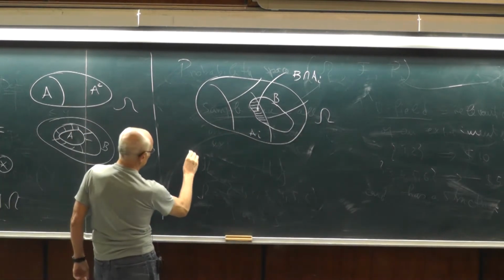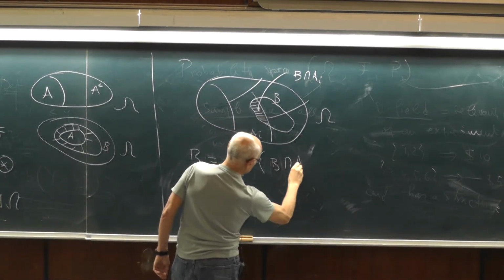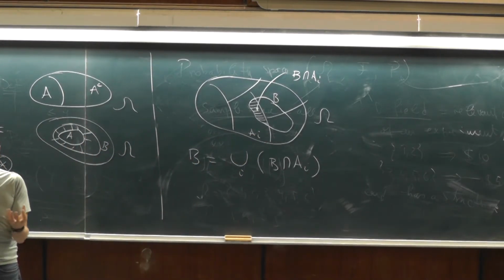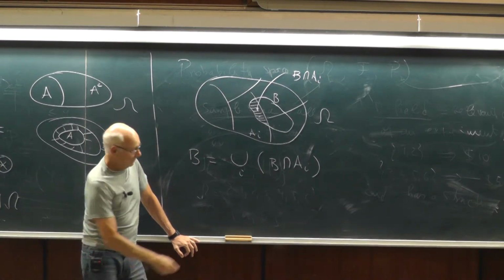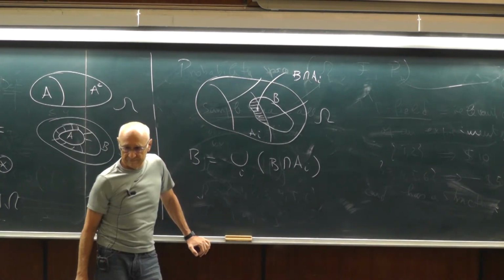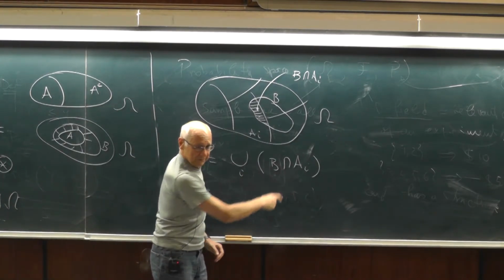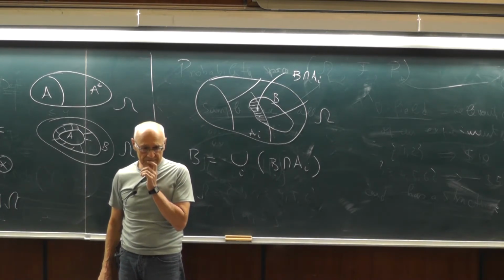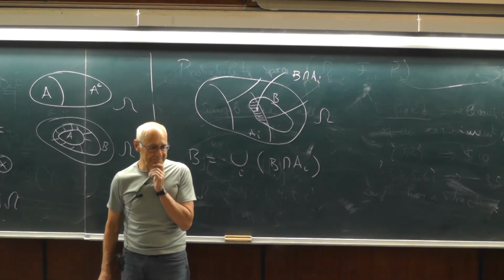Then B is made of the following: all these small pieces. That is this piece, this piece, this piece, the union of them. And they are disjoint. Therefore, the probability of disjoint events is the sum of the probabilities of these events. So this was written there, right? Okay. We fine? Okay.